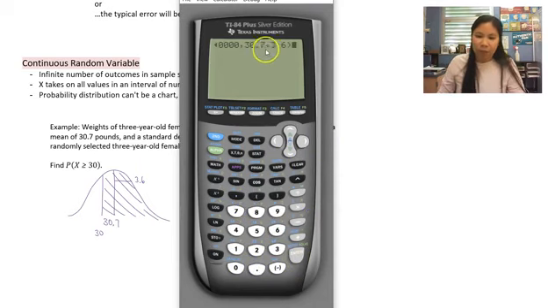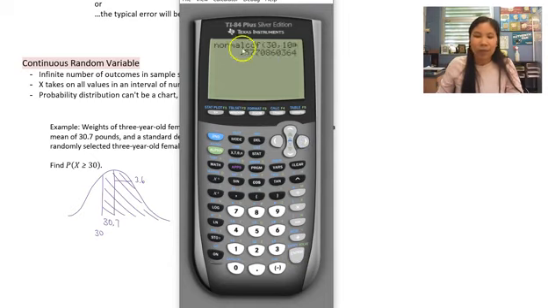Paste. When I hit paste, it takes all my information and pastes it into what I was trying to type. If I scroll over to the left, you'll see it started out as normal CDF, and then this is the part the not-so-updated calculators will show. It'll just give you the parentheses, and so you just have to type in the lower, comma, upper, which is a huge number, comma, your mean, comma, your standard deviation, and the parentheses.